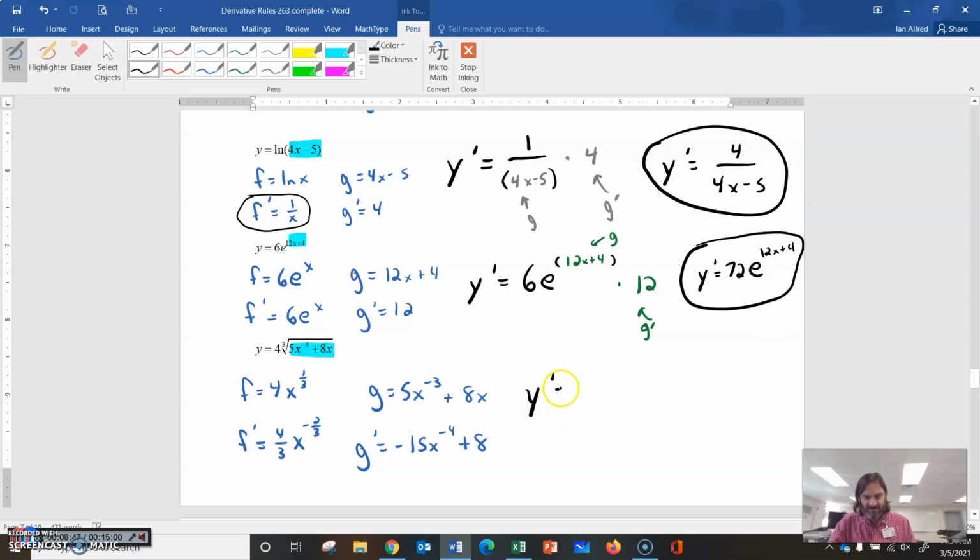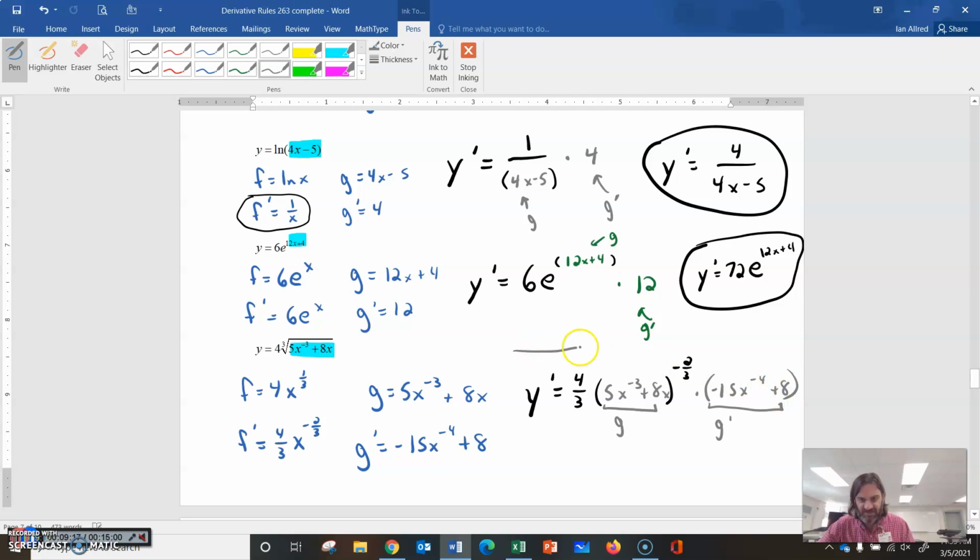Now y prime will be f prime, which is 4/3 with a placeholder, which will be the g, to the negative 2/3. So I'm going to stick in g, which we said was 5x to the negative 3 plus 8, and then it'll be times g prime, which will be negative 15x to the negative 4 plus 8.